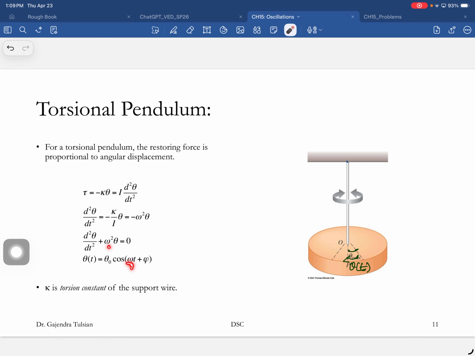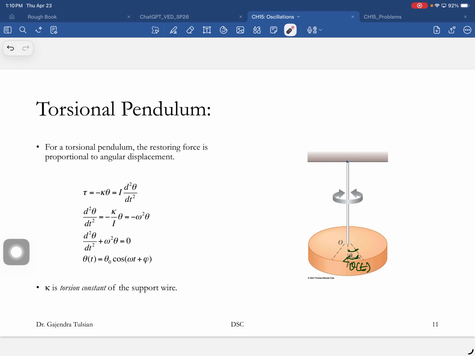This constant omega is in the equation, but in your solution there are two constants that are not part of the equation. You got two constants because it was a second order differential equation, and those two constants can be determined by initial conditions. For instance, you can twist it this far and not only twist it that far but also give it a velocity. Those numbers determine the constants.